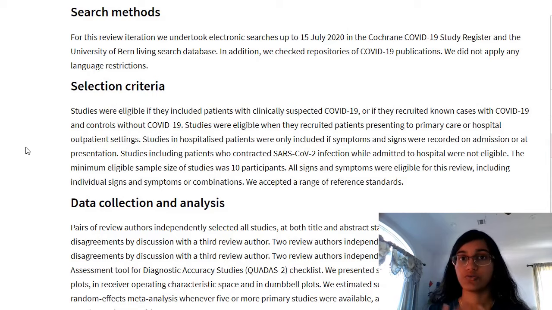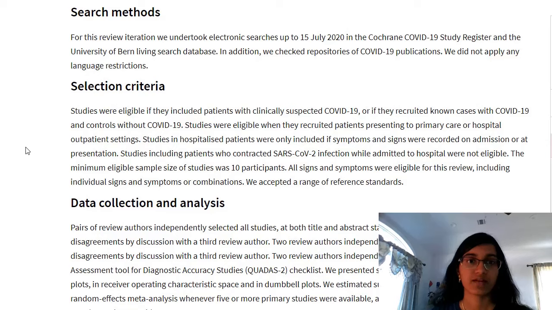Many studies will also use primary sources, which means, for example, a primary source search method in this case with COVID might be the researcher actually going out and going to a COVID clinic and gathering data, seeing what signs and symptoms different patients there are presenting, and then also seeing which of those patients actually had COVID.